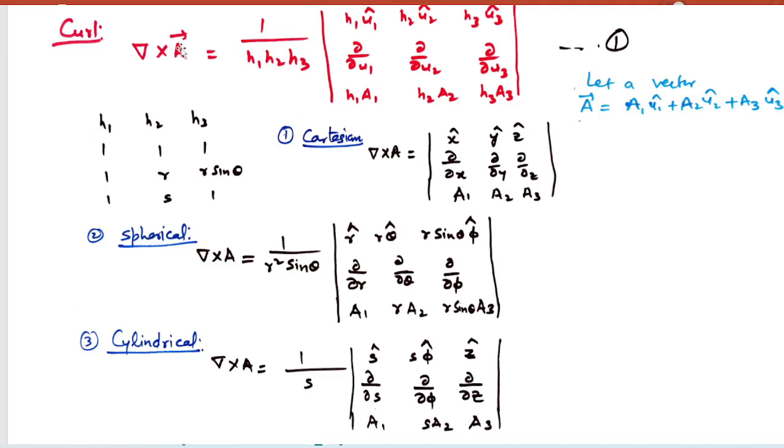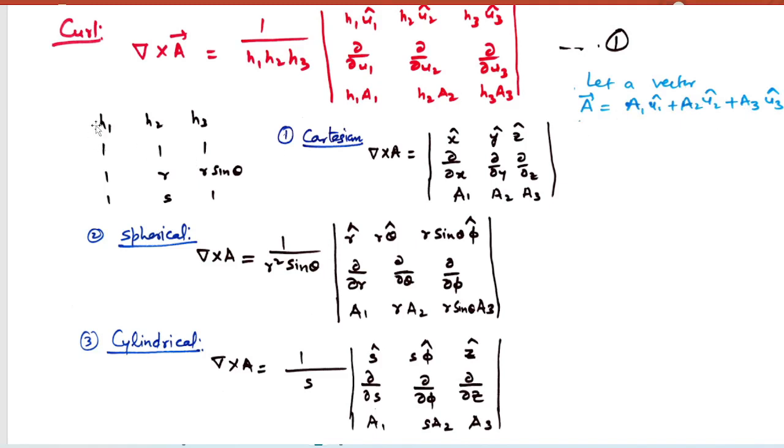Now the curl of a vector is always the cross product of del with that vector, and the general formula is again 1 upon h1 h2 h3, and a determinant with h1 u1 cap, h2 u2 cap, h3 u3 cap, the components of del, del by del u1, del by del u2, del by del u3, and h1 A1, h2 A2, h3 A3, where A1, A2, A3 are the components of the given vector.